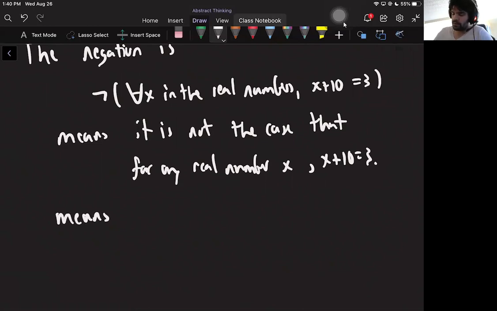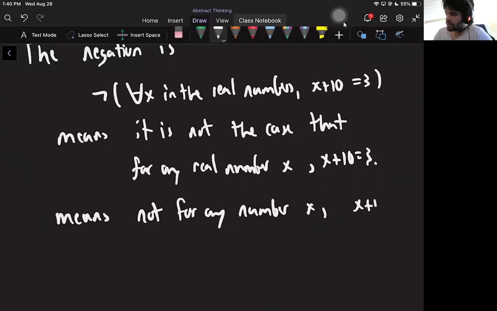So you're saying not for any number, which sort of sounds weird until you change it: not for any number x plus 10 equals 3.